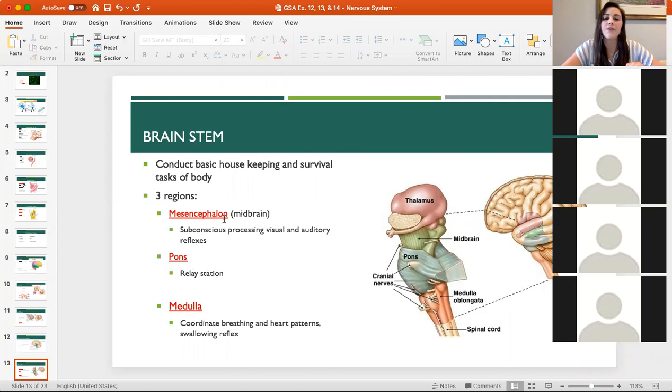However, if you can remember the order of these different regions of the brainstem from superior to inferior, then you'll be fine. If I have something tagged on the sheep brain that's one of these, I'll do my best to make it very clear, or I might even draw little divisions out so that you can see it, okay? So if you remember that the mesencephalon is the most superior, then you have the pons, and then you have the medulla, then you're going to be fine.